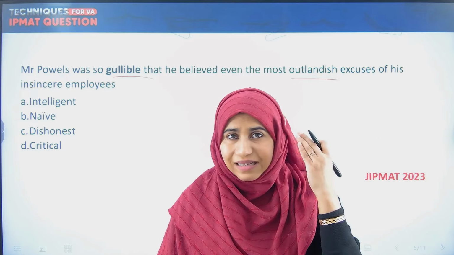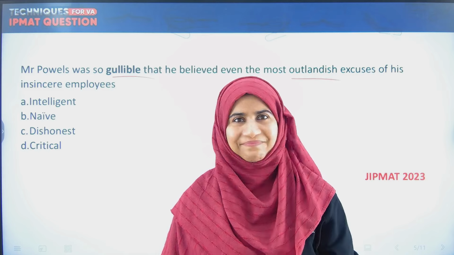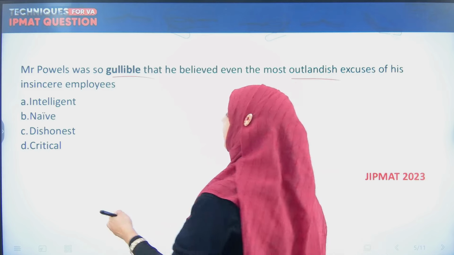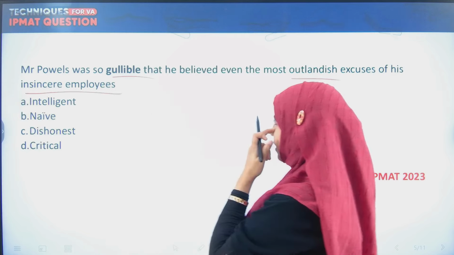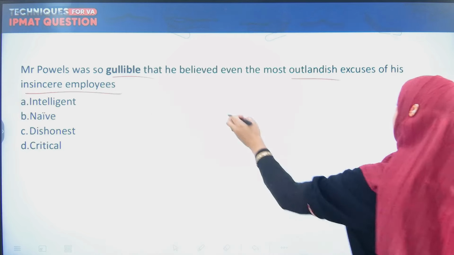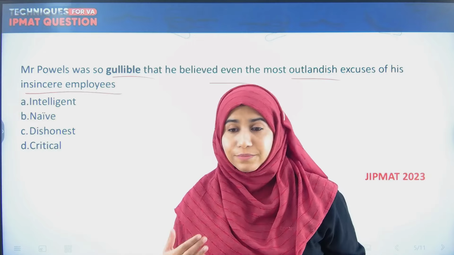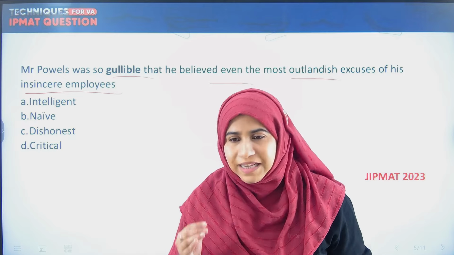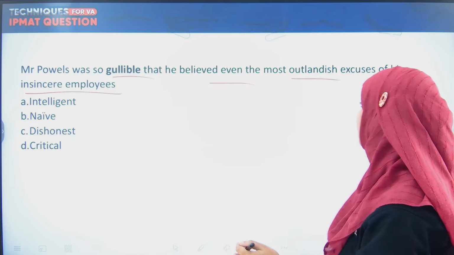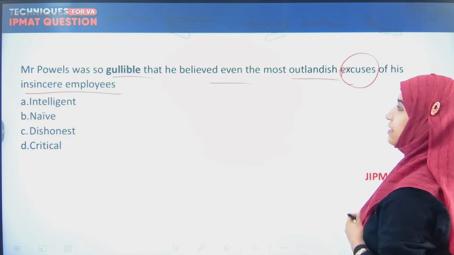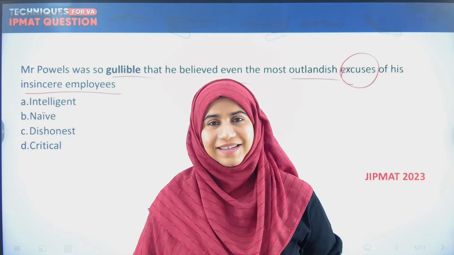You understand something out of it still. You know insincere employees. You understand that much at least, right? You understand believe. तो पढ़ के आपको ये समझ में आता है कि मिस्टर पॉवर्स इतने gullible थे कि he even believed the excuses given by his insincere employees, right?